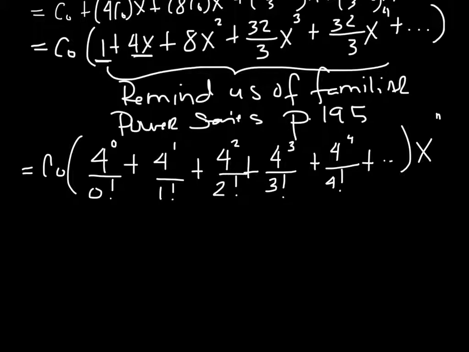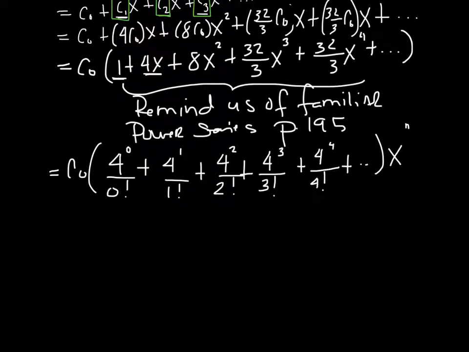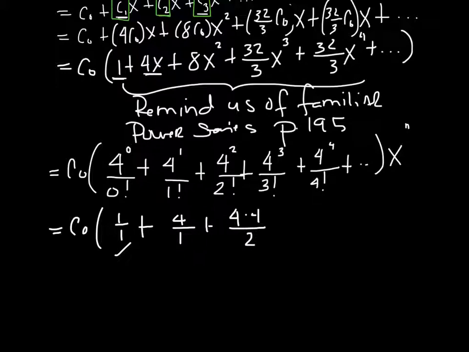How did I know that this was the power series? I've been doing these problems for a long time, so I can see the pattern. But if you want to see if it actually works out, anything to the 0 is 1. So C0: 1 over 0 factorial is 1. Plus 4, well, 1 factorial, that's just 4 over 1, which is 4. 4 squared is 4 times 4, which is 16, over 2.